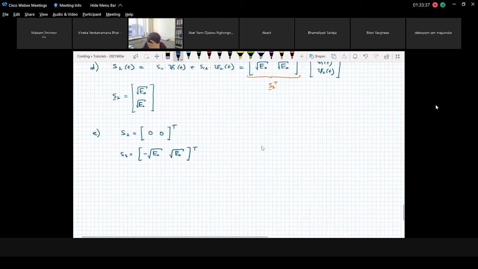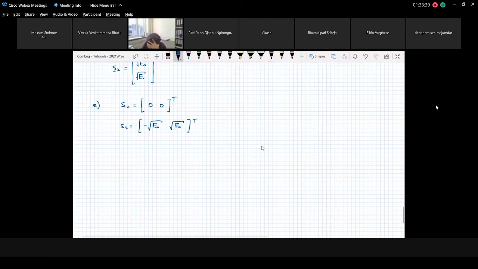The next signal, S4, is minus square root of E0, minus square root of E0 transpose.